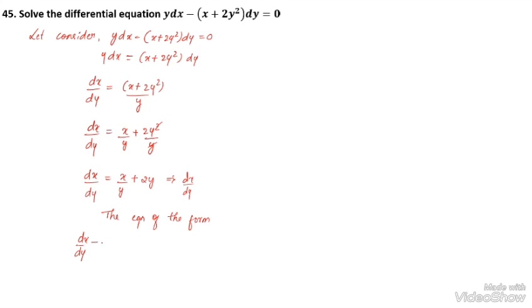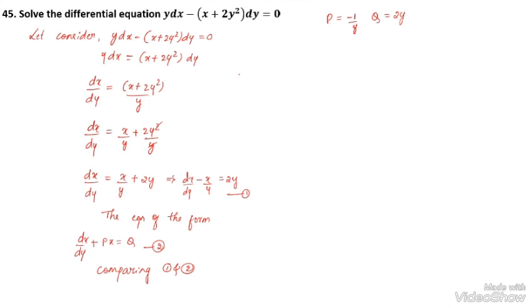Here, taking x by y on this side, it becomes dx by dy minus x by y is equals to 2y. This is of the form dx by dy plus p x is equals to q. While comparing equation 1 and 2, we get p is equals to minus 1 by y and q is equals to 2y.